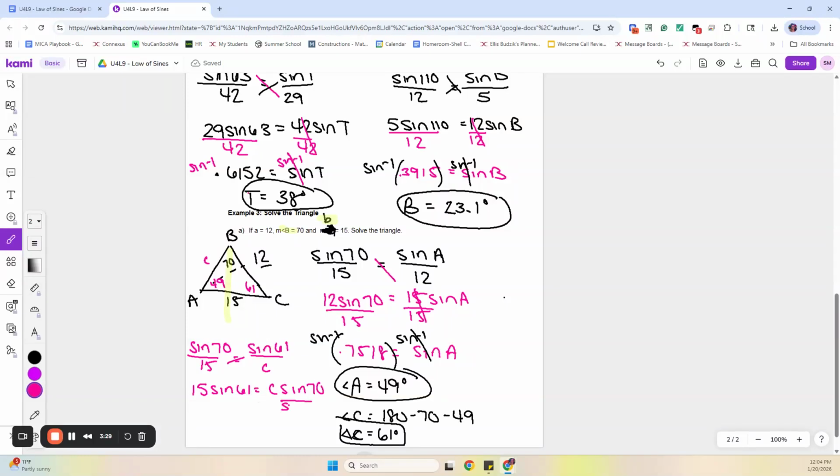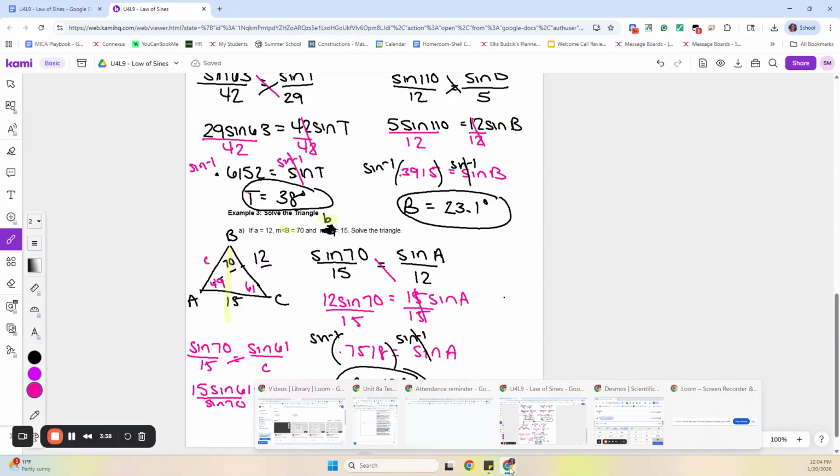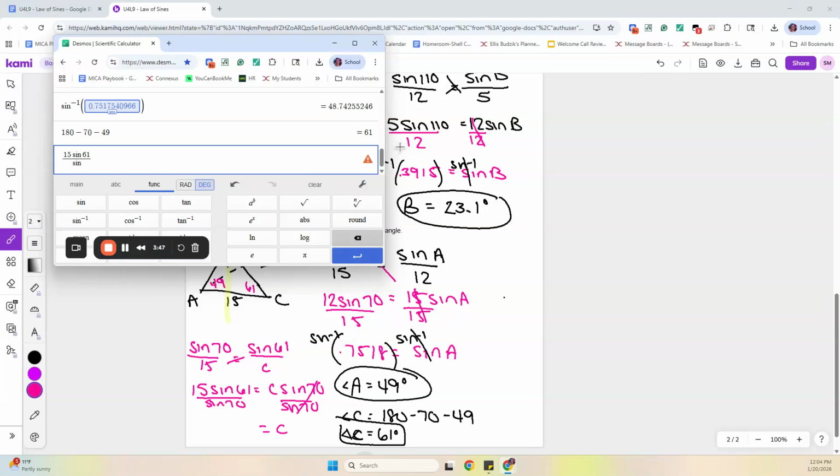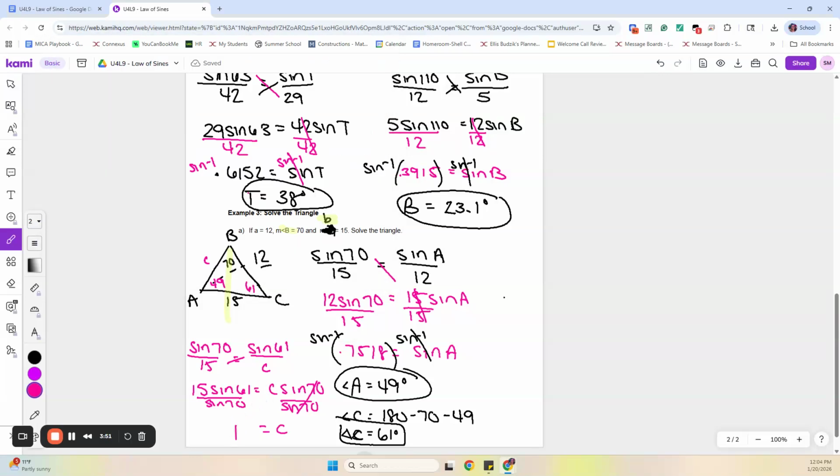We can divide out by sine 70, and we get C equals 15 sine 61 divided by sine 70. So 15 sine 61 divided by sine of 70, we get almost 14. So 14 equals our C value.